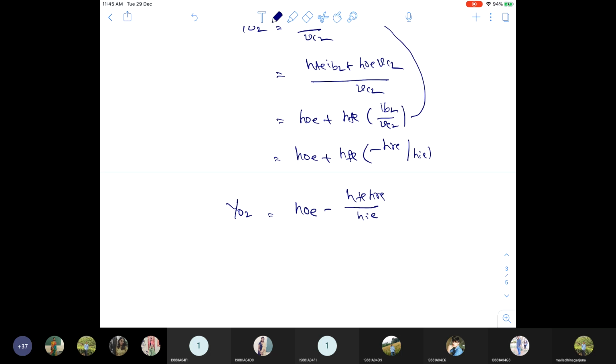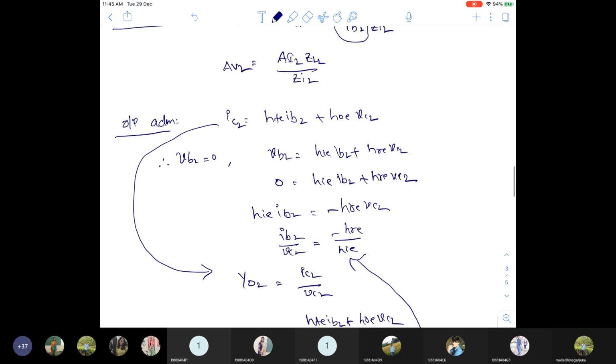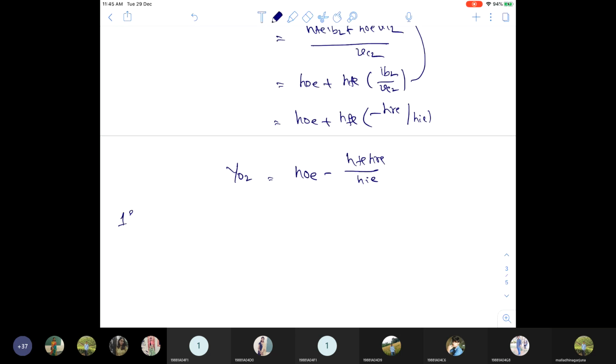So this is the second stage analysis. Now coming to the first stage analysis. Let us substitute. ZL1, the first stage load, is equal to RC1 parallel to Zi2.